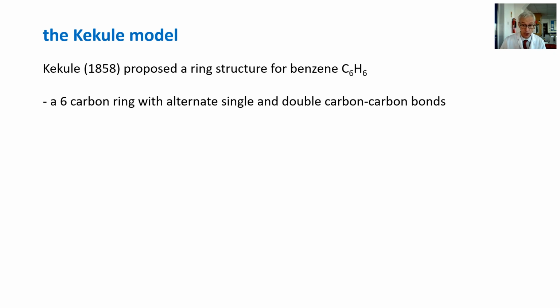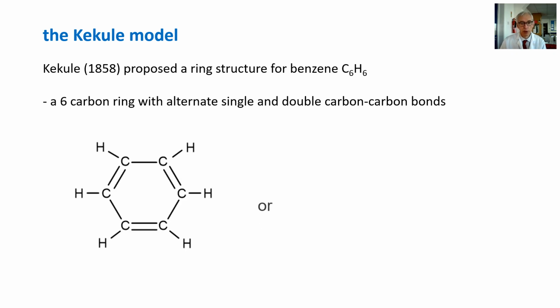No similar structure had ever been discovered or proposed before. So it was a remarkable idea, and if we put that into a displayed diagram, there is the Kekule model as thought.